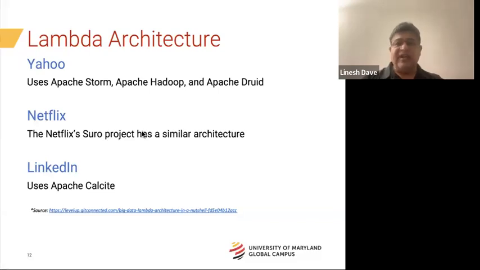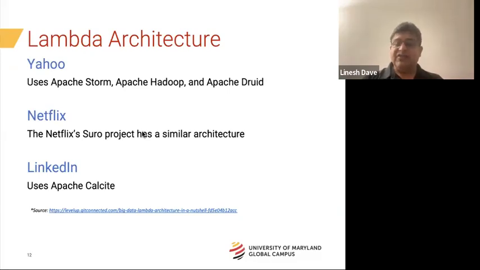So it's a very enhanced, very robust technology that could be used. Instead of having Kafka in front, you could have Druid in front, or use Druid to store all your master data in. And that's what Yahoo does.